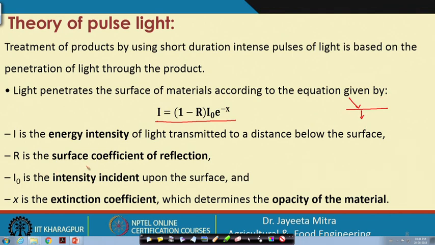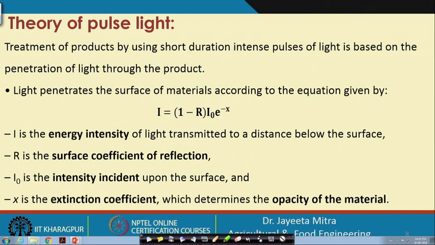I 0 is the intensity of the incident radiation upon the surface, the intensity of the light which is coming, and x is the extinction coefficient, which determines the opacity of the material. So, the opacity of the material defined by x defines how much the light can penetrate.